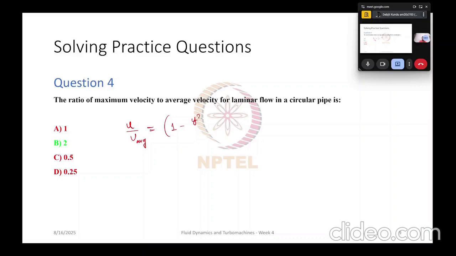minus r square by capital R square, r being the radial direction, where R is the radius of the pipe, the inner radius of the pipe, right?